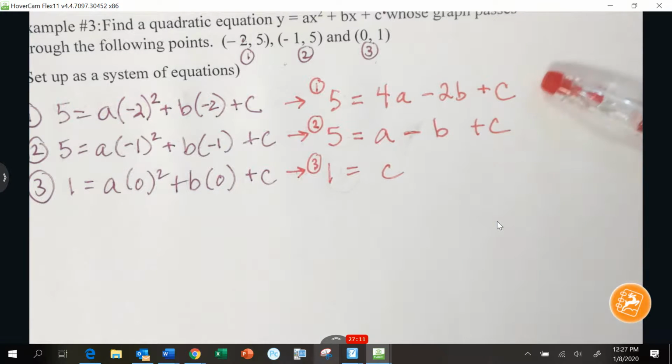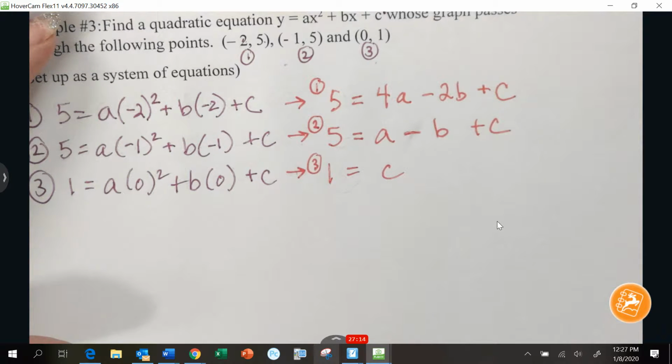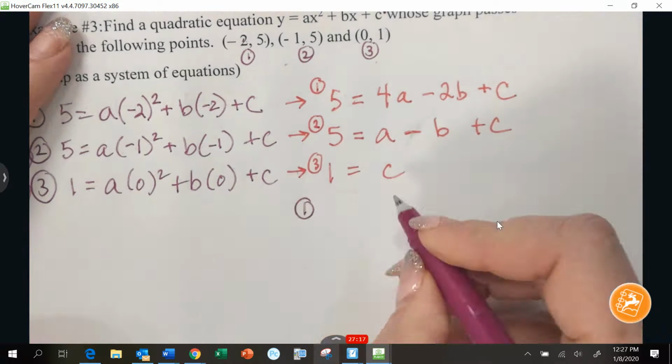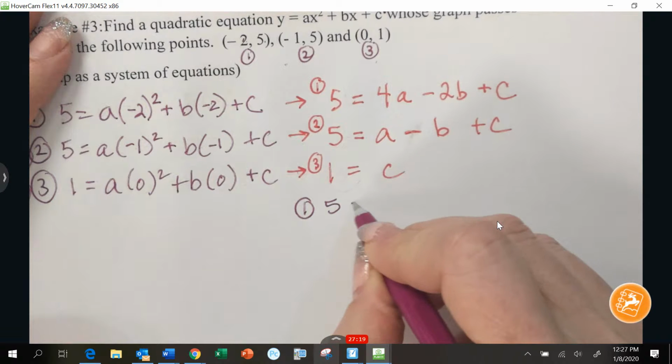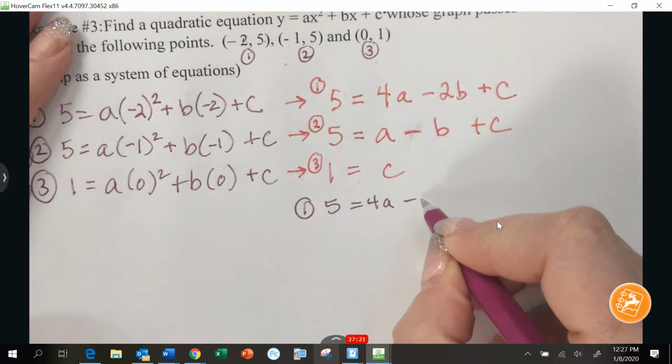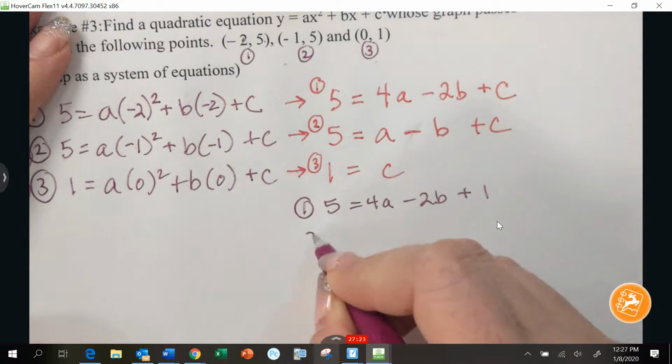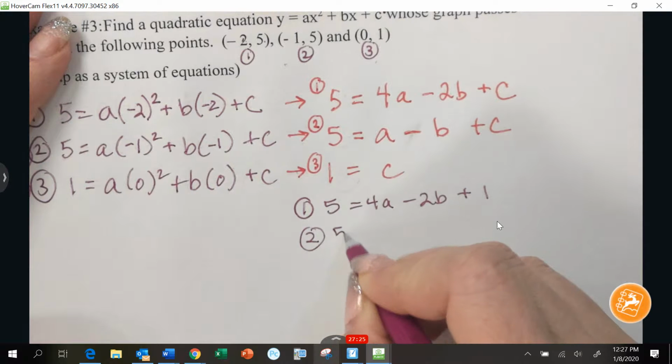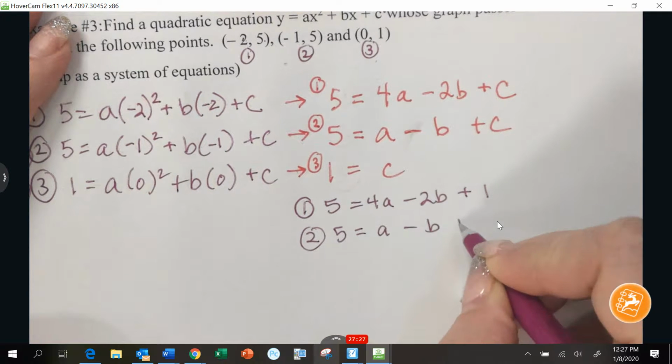Can we plug it into both of them? What's that going to do for me when I plug it into both? 5 equals 4a minus 2b plus 1, and 5 equals a minus b plus 1.